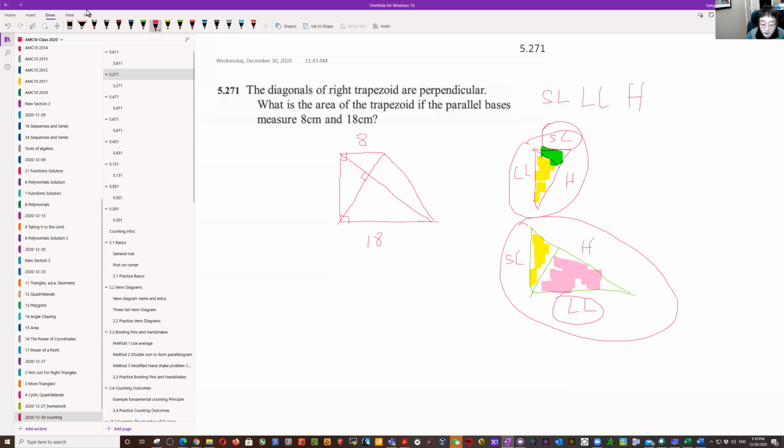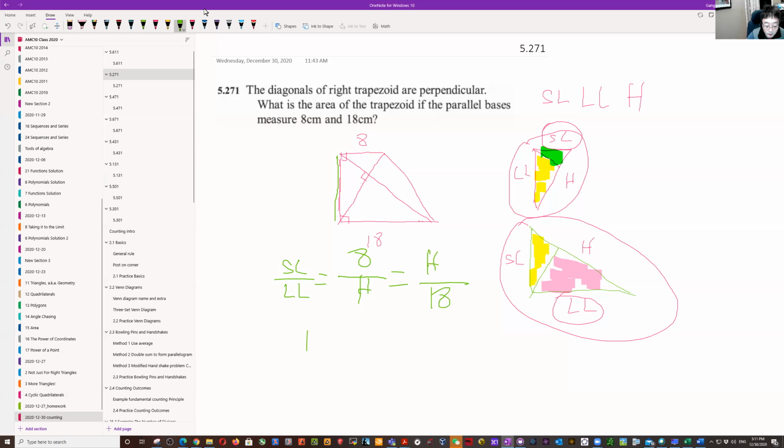So this height is what we really want to get, and it links together with a ratio between them. So this is the key we want to observe. Short leg over long leg is equal to 8 over height, and equals height over 18.